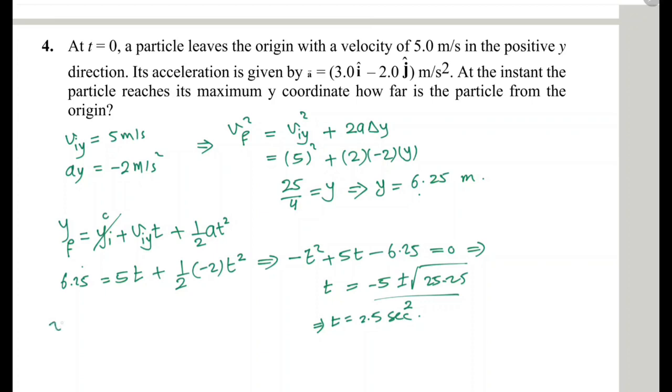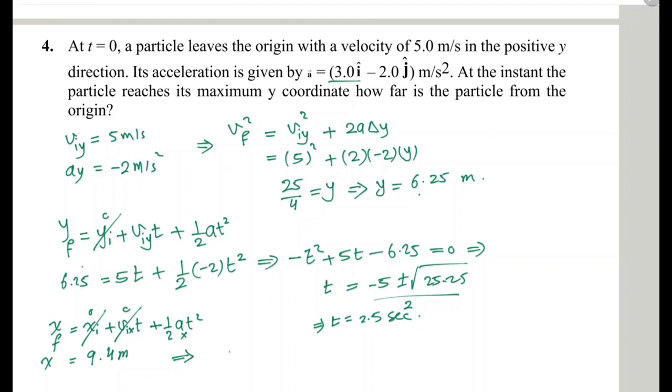Now x final equal to x initial plus the initial v_x t plus half a t squared. a_x equal to, in this case, 3, and t we just calculated, 2.5 seconds, and this is 0 and this is 0 as well. So x will be equal to 9.4 meters.